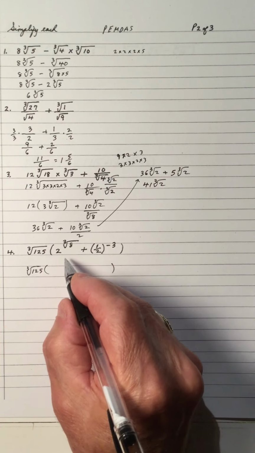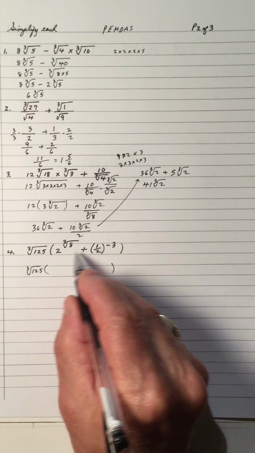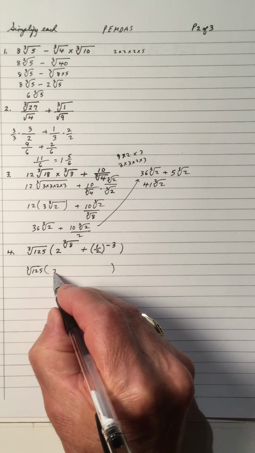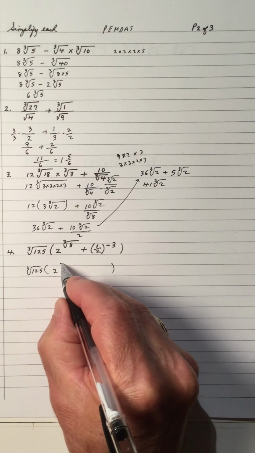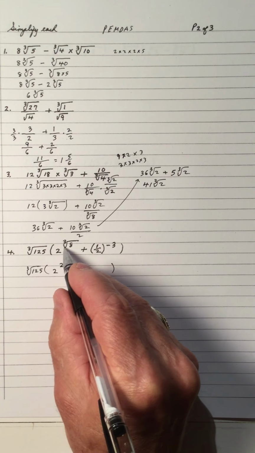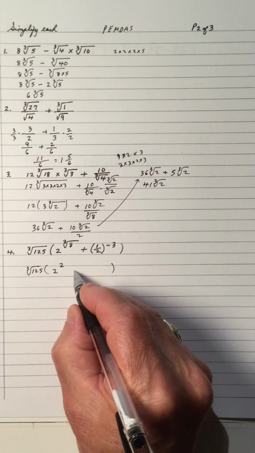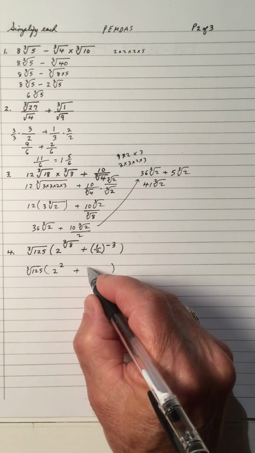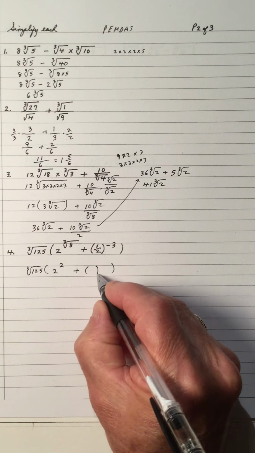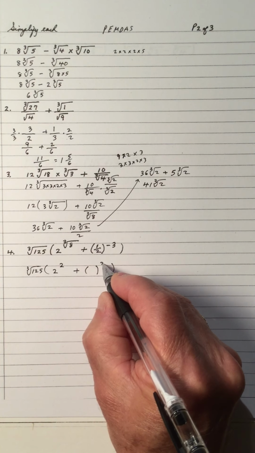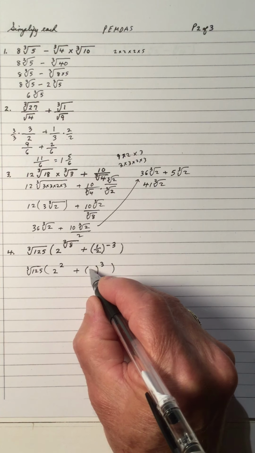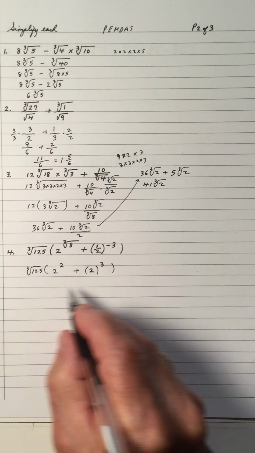So inside the brackets, we have to do one of these two. So the cube root of 8 is a 2. So notice the cube root of 8 is up as an exponent, so we write the 2. And 1/2 to the negative 3 means negative exponent, we do the reciprocal, so we make it a 3.